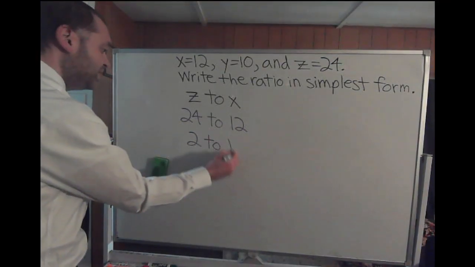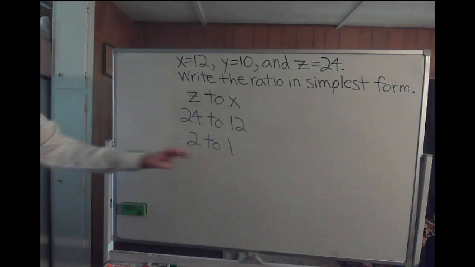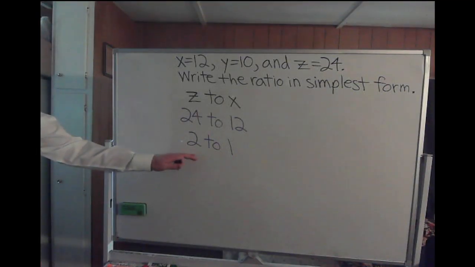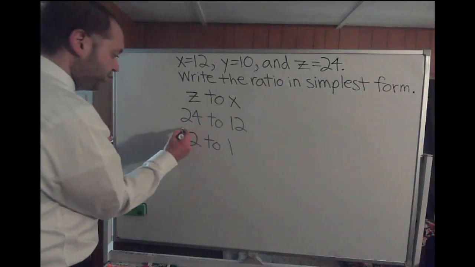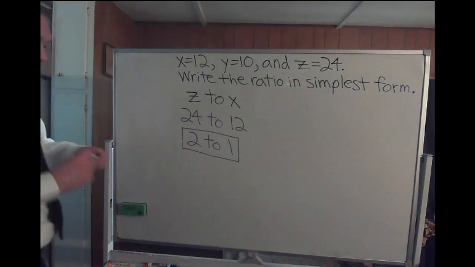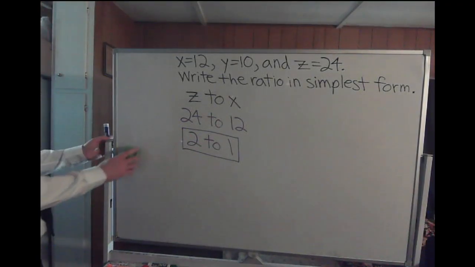So one thing that sets ratios apart from fractions, though, we actually do keep the denominator of 1. If we were just dealing with conventional fractions, you would ignore your denominator of 1 and only worry about the numerator. But when you're dealing with a ratio, you keep your denominator of 1. So the ratio is going to be 2 to 1 for z to x.